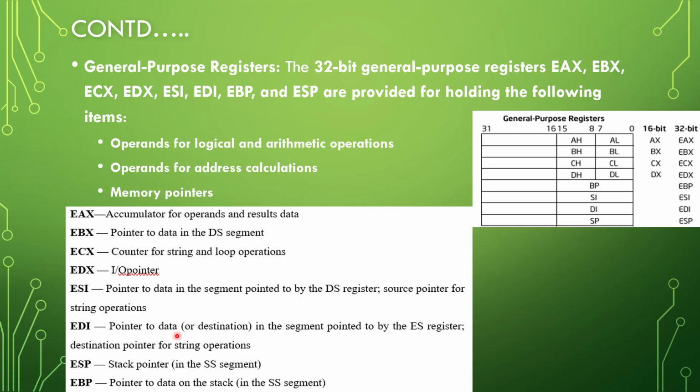It is a pointer to data or destination in the segment pointed to by the ES register, and it acts as the destination pointer for string operations. So ESI acts as the source pointer and EDI acts as the destination pointer for string operations. Then comes ESP, where SP stands for stack pointer, which goes in the stack segment. Okay, and EBP corresponds to the pointer to data on the stack, that is in the stack segment itself.